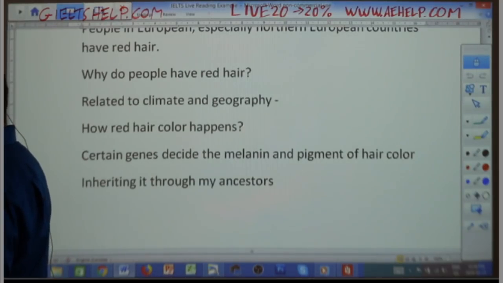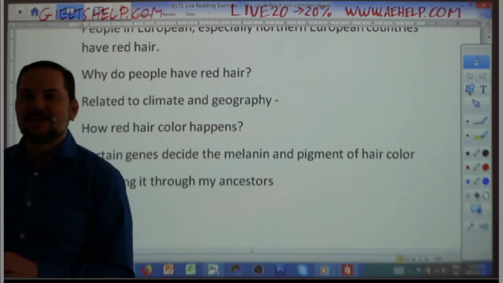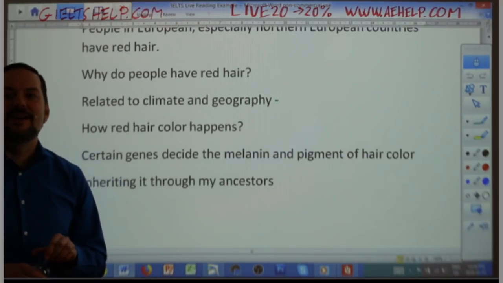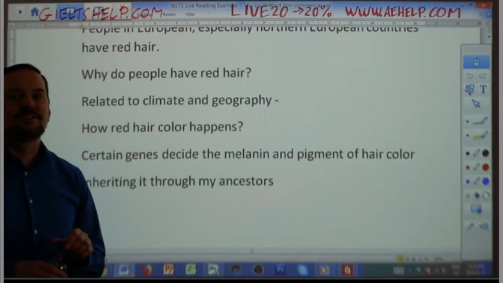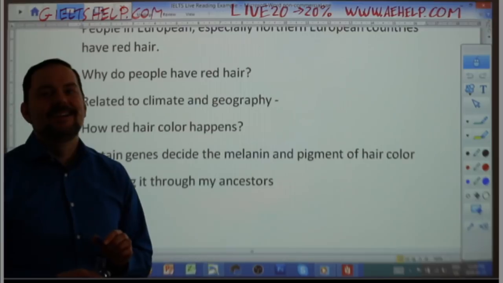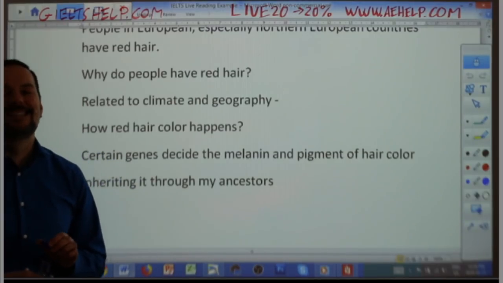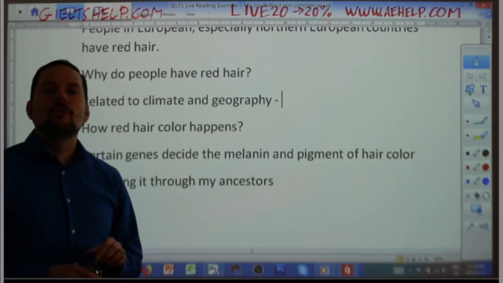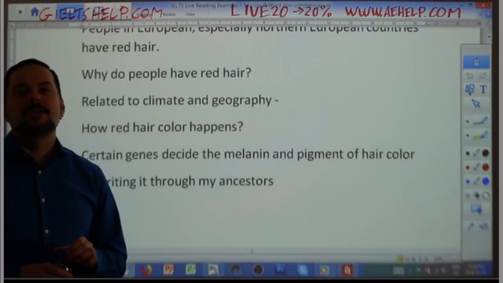Can somebody explain that more? If somebody is actually maybe familiar with red hair, and I see Syed's giving us some really technical information. Maybe you're looking at it on Wikipedia, but stay focused here, guys, or maybe you're a geneticist. So what is related to the climate and geography of the red hair?